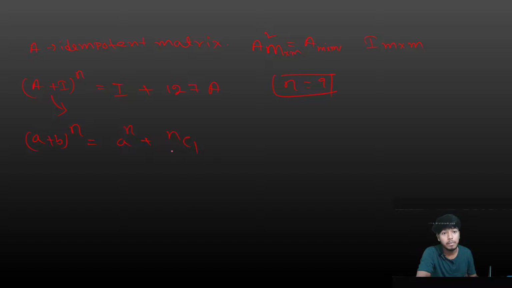It is the combination. I am assuming that you all know these properties. The last ones are nC(n-1) A B^(n-1) + B^n. Now we replace A by A and B by I. So what happened?